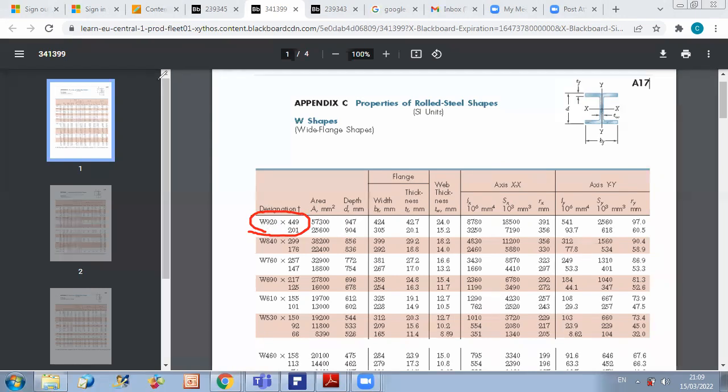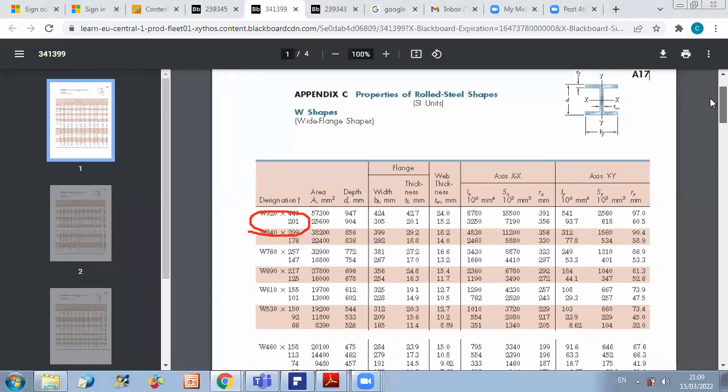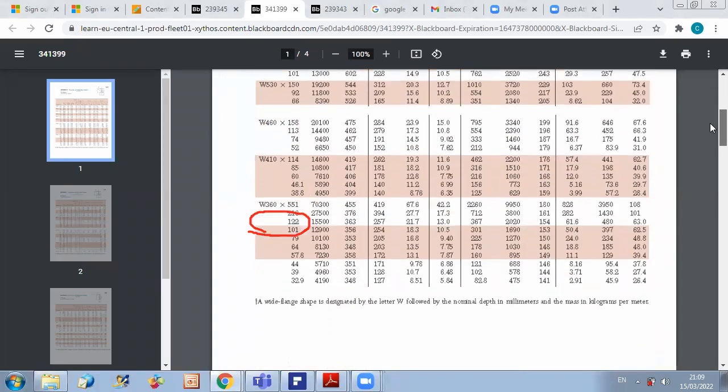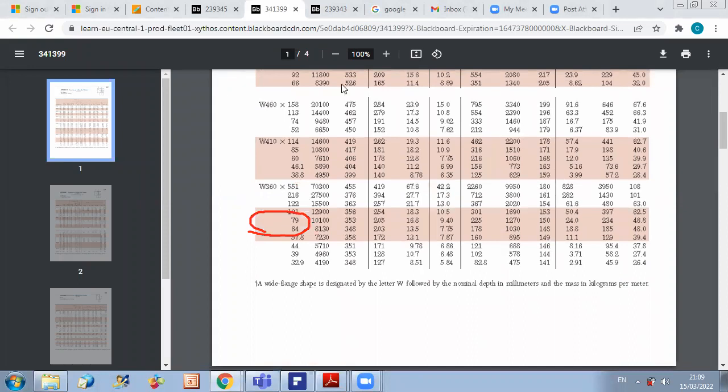Okay, so this is just a way to characterize beams by giving just their names, and the name has a certain presentation, as we said. The letter refers to the shape. The first number is like a nominal depth, which will give you a range of close depths.